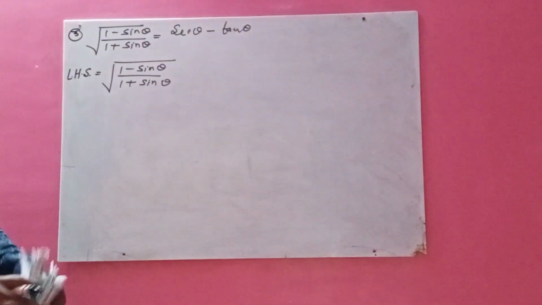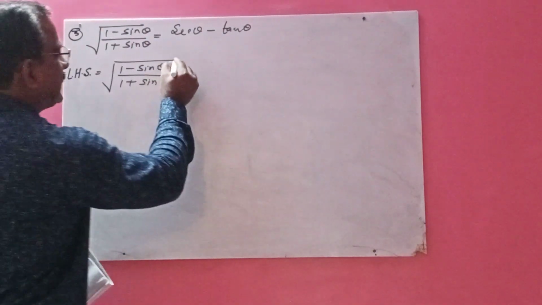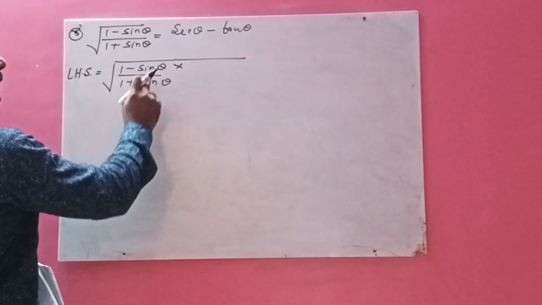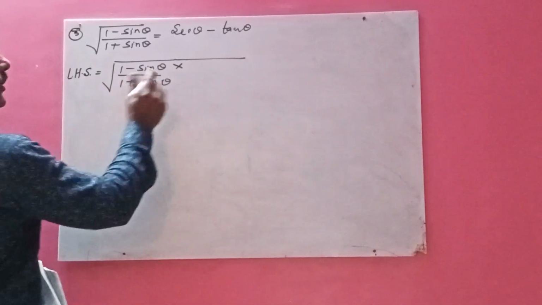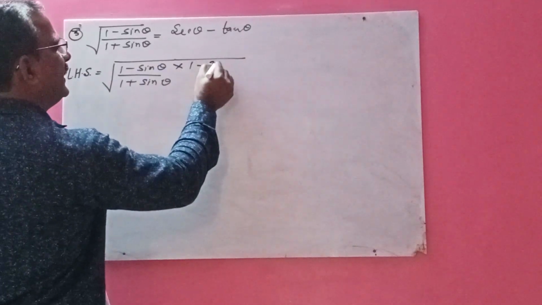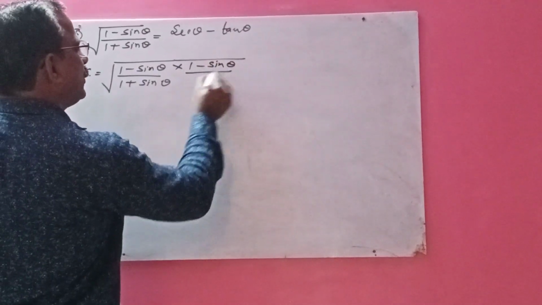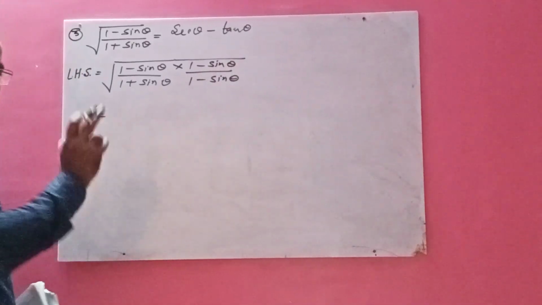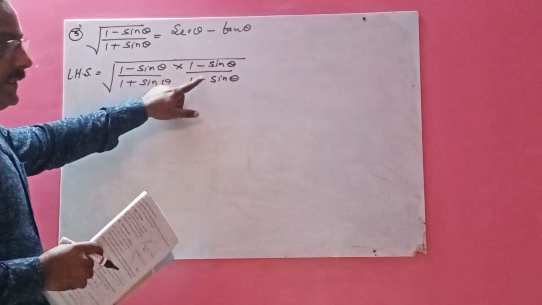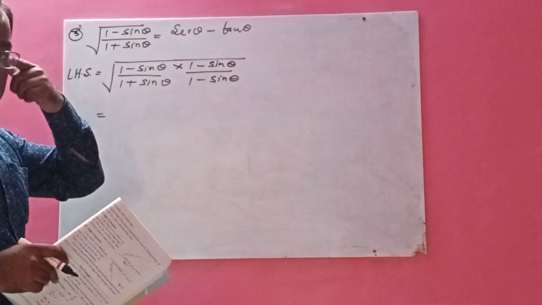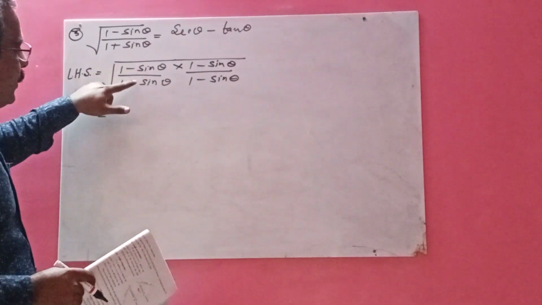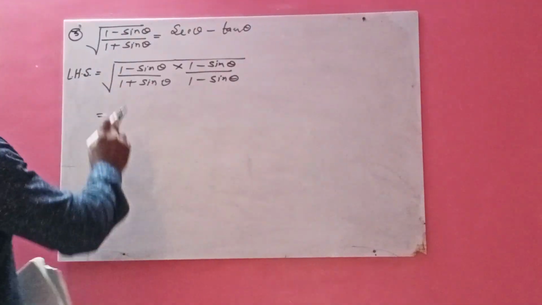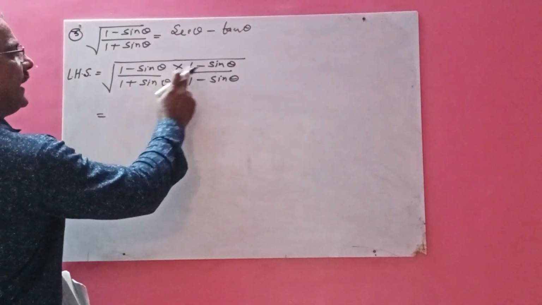That is why I will multiply inside the root sign only, because I have to remove this root by the conjugate of this, that is 1 minus sine theta. Here also 1 minus sine theta. So I hope all of you understood why I multiplied this, because I need sec theta here, and I will get 1 upon cos becomes sec theta. That is the reason.